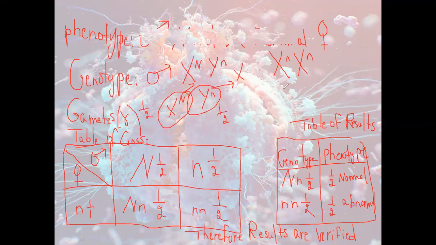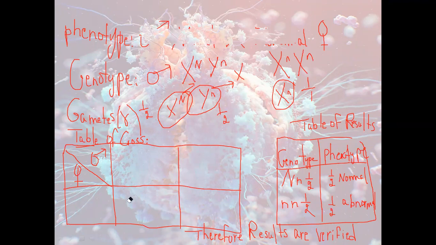This one, X N, will also be 1 over 1. In the factorial analysis, the same steps and the same concept apply. It works the same way and gives the same results.